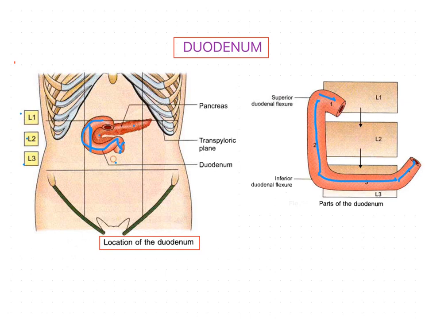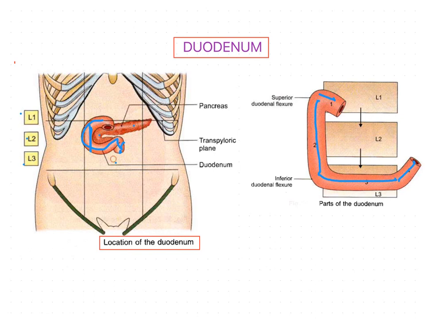Now we will move on to the parts of the duodenum and their relations. First we will see the relations of the first part: how it is placed and how it is related to the other visceral organs.